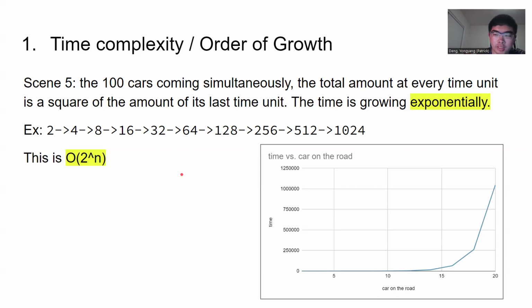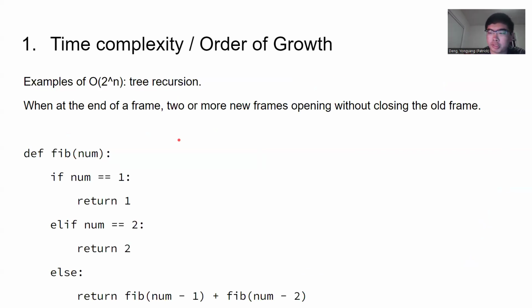So the example of this order of growth is tree recursion. For exponential growth, let's say I have Fibonacci. Other than the base case, let's talk about the recursive step.